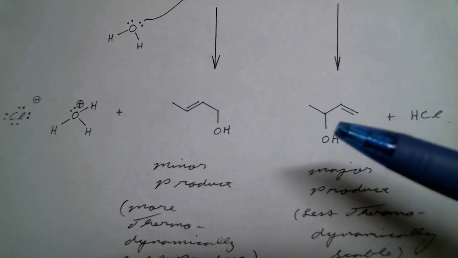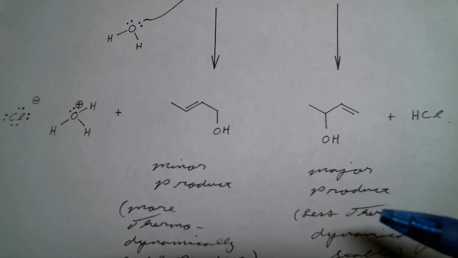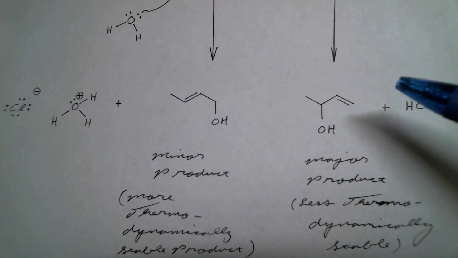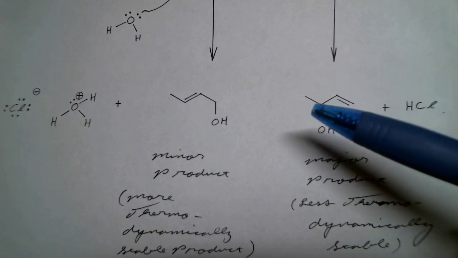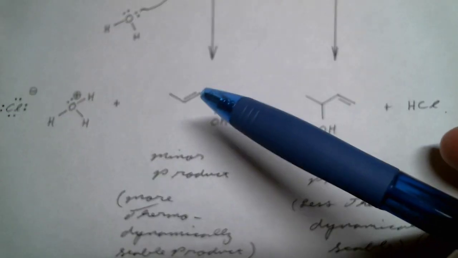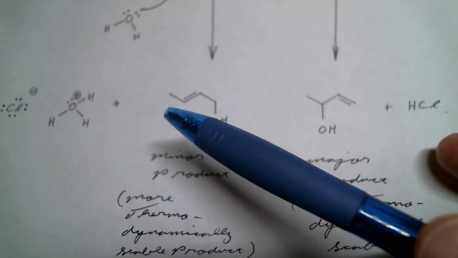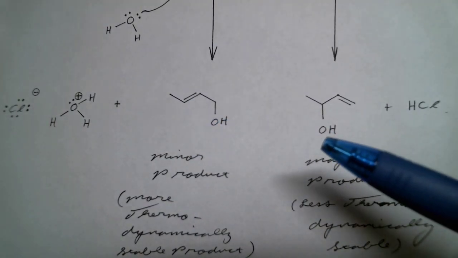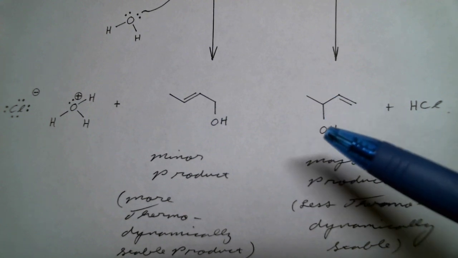In this reaction and in these conditions, our major product is the less thermodynamically stable alkene. So it's only a monoalkyl substituted alkene instead of this dialkyl substituted alkene, which is the more stable product, right? But it's a secondary alcohol.